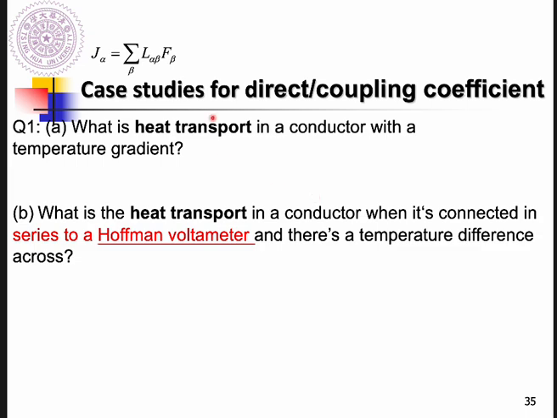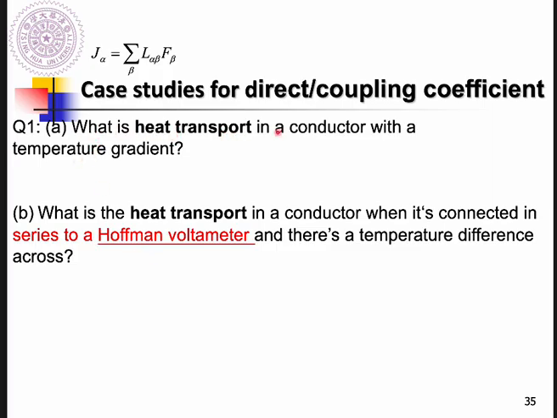Okay, so let's move to the direct coefficient, and here it will be L capital Q capital Q. What we have here is question one, and we separate it into small a and b, two different conditions. So let's read the questions first.